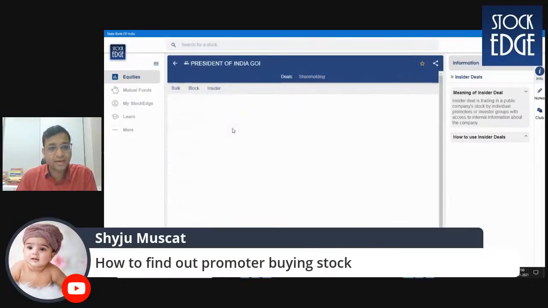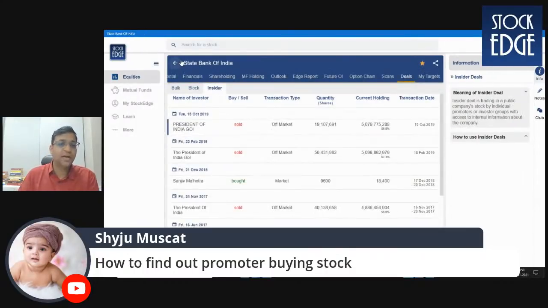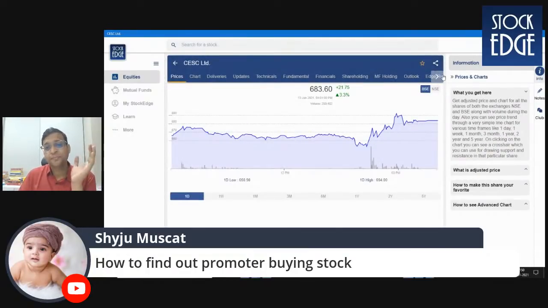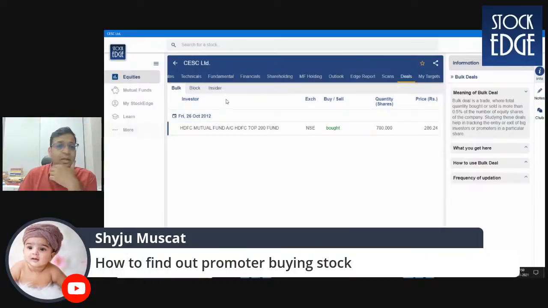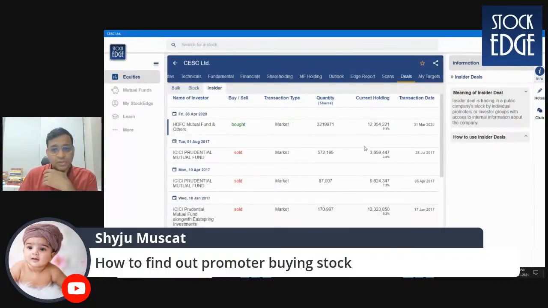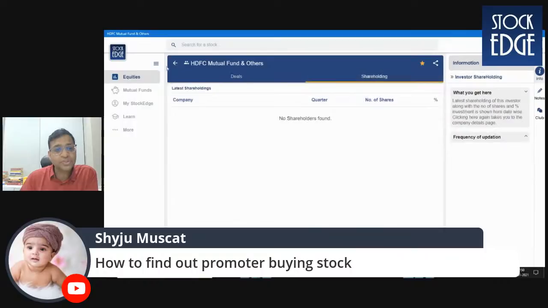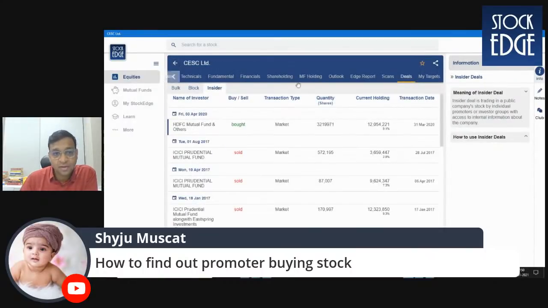In this case, the President of India is a very big name. So let's find out some other company. Let's say CSC, and let's go to deal, and then insider deal. You see, SDFC Mutual Fund on 3rd April. This was the last insider deal reported. SDFC Mutual Fund bought certain shares, assuming that these are promoters. Just click here, and it will take you to the shareholding of SDFC Mutual Fund.